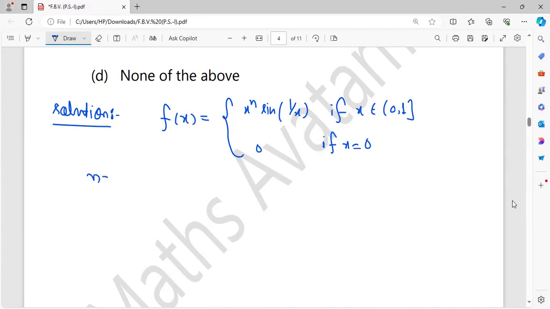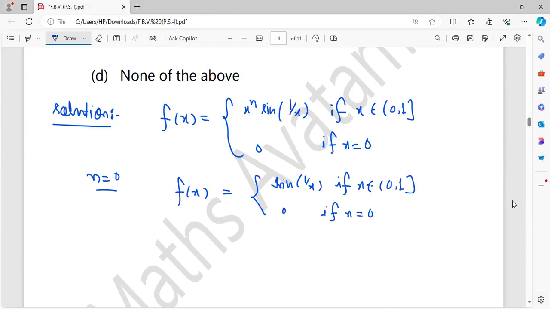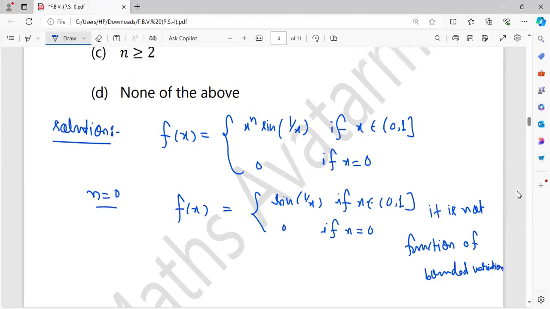So if we take n equal to 0, then f(x) is equal to sine 1 upon x. But this is not a function of bounded variation. We have already checked in the second question. So the second option is not correct.